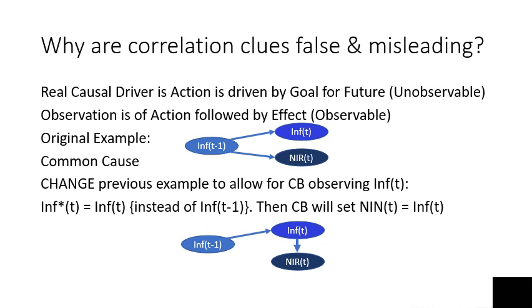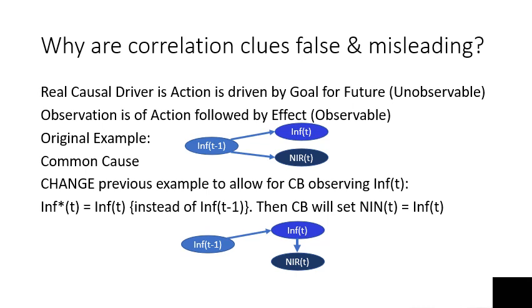We say that action is created by the intended effect, not the actual effect. So the standard analysis says that action leads to observed effect, but we think causality lies in the relationship between the action and the goal, and the relationship between the action and the observed effect is actually an accidental byproduct.